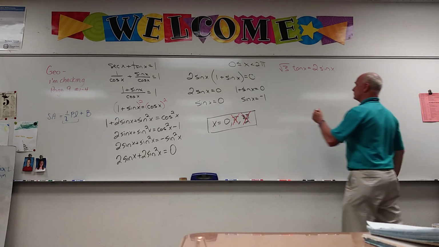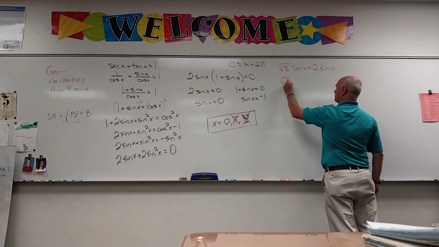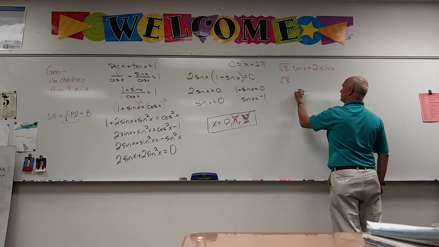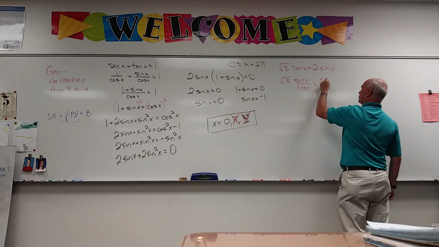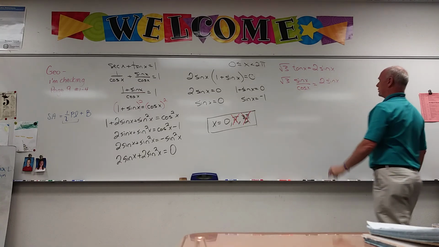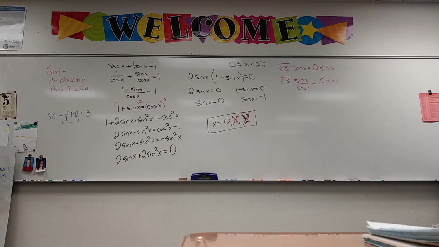Turn it into sine and cosine. Okay, so square root of 3 sine of x over cosine of x equals 2 sine of x. Sounds good. What's the next thing you don't like? The fraction, sine and cosine.